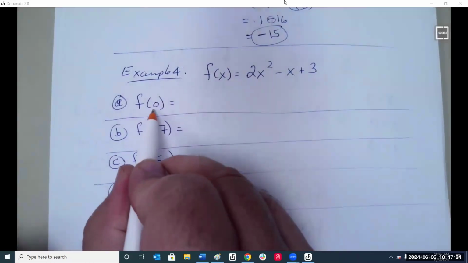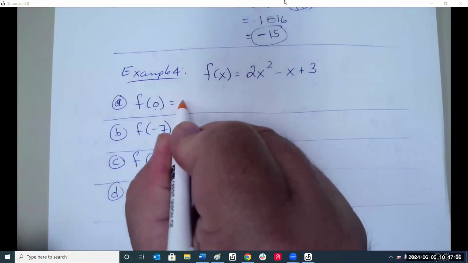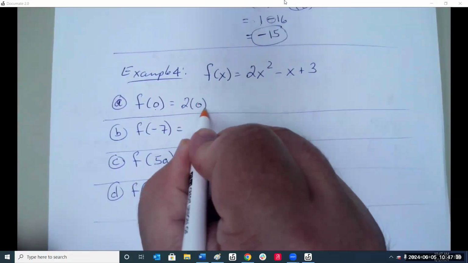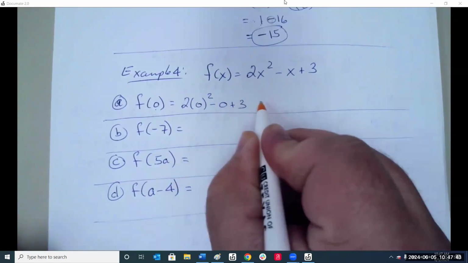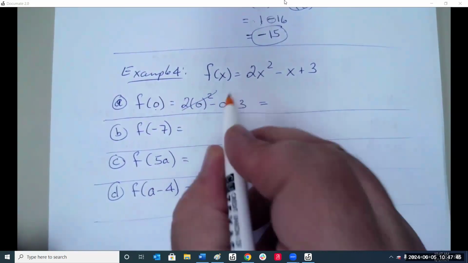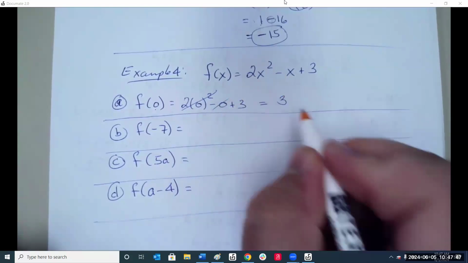So the first one, in place of x, I put a 0. So it's 2 times 0 squared minus 0 plus 3. That becomes 0, that's 0, so the answer is 3.